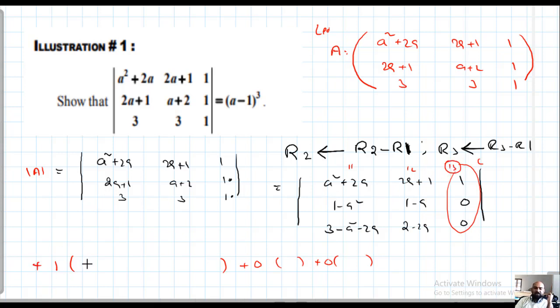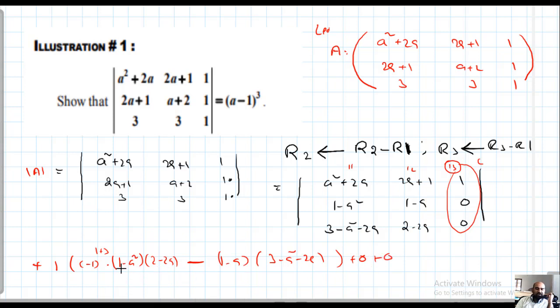Minus 1 power 1 plus 3 into this into this, 1 minus A square into 2 minus 2A, minus, and now I want to rub this because all are zeros, minus this into this, 1 minus A into 3 minus A square minus 2A, plus 0 plus 0. So now I want to simplify this.